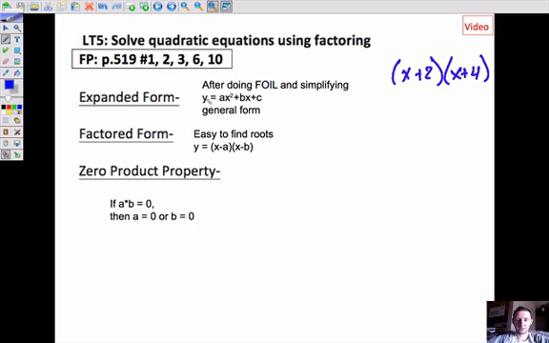The expanded form is basically what you get after doing the expand and simplify. And we also, in episode 2, saw this as general form. So those are kind of the same thing.